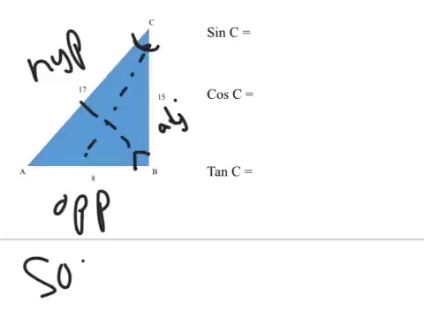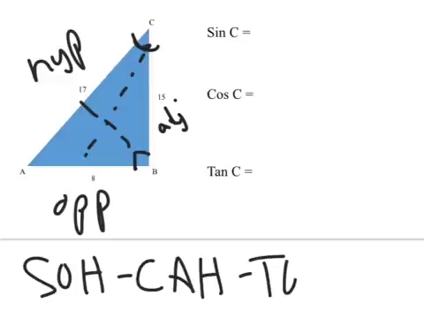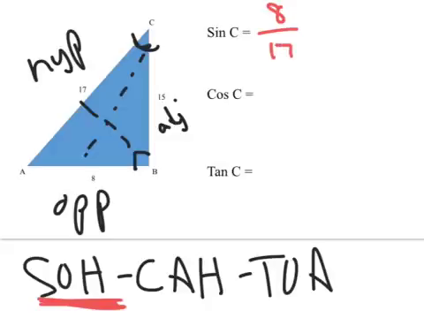So our acronym is SOHCAHTOA. And we're going to start with the sine of C. So that ratio is the opposite side over the hypotenuse. So opposite is 8, and the length of the hypotenuse is 17. That doesn't reduce, so our answer of sine of C is 8/17.